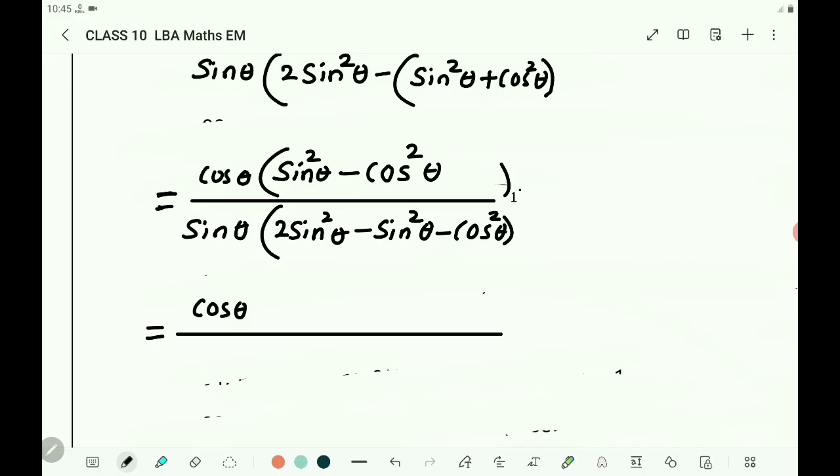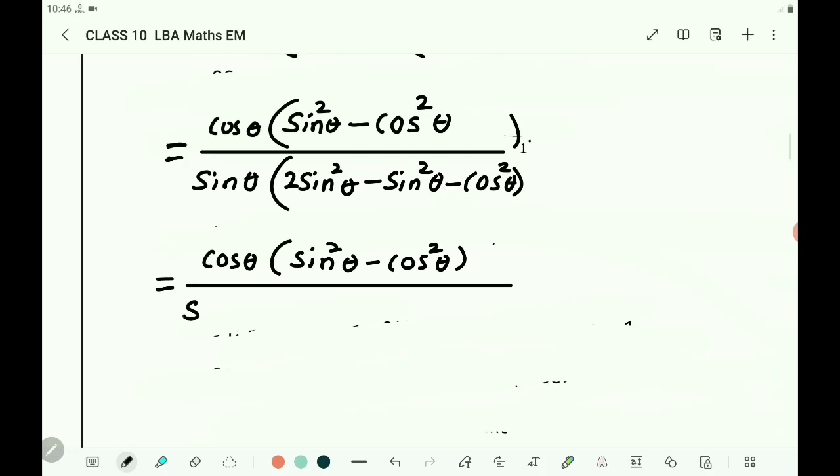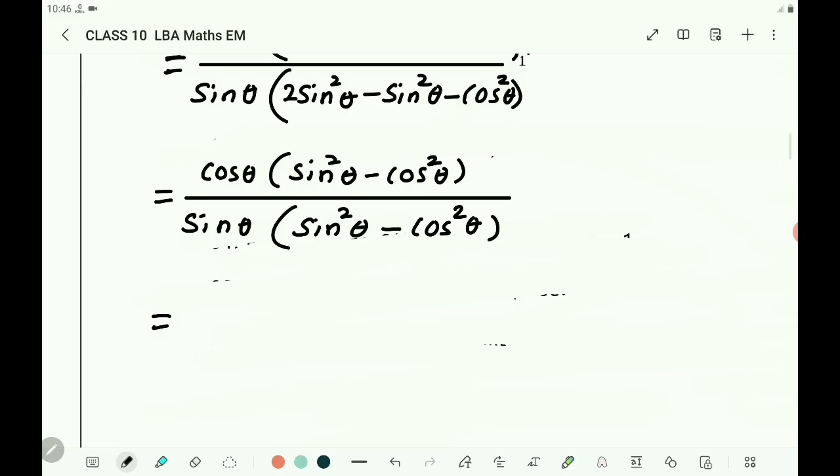write cos theta into sin square theta minus cos square theta as it is. In the denominator, write sin theta as it is. 2 sin square theta minus sin square theta is sin square theta and minus cos square theta equals sin square theta minus cos square theta.